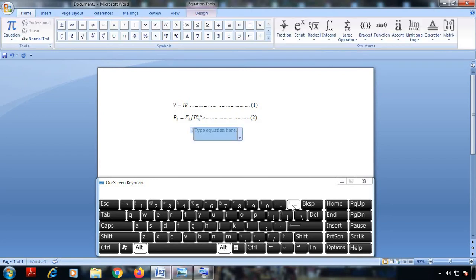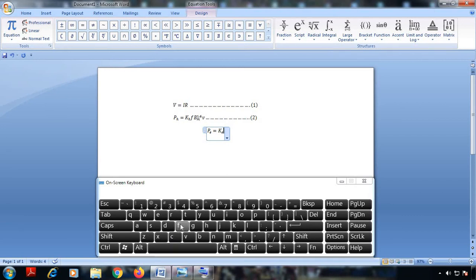click on Alt equal to, and now I want to write the formula for eddy current loss. So P capital underscore E is equal to K E space. Now I'll write F square.